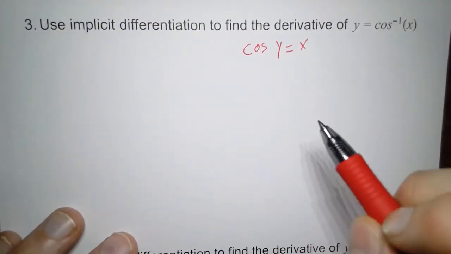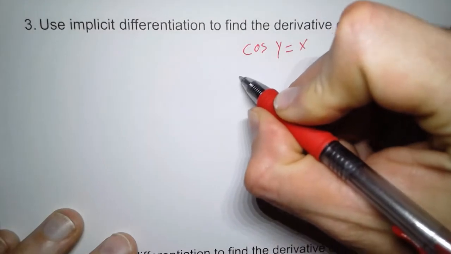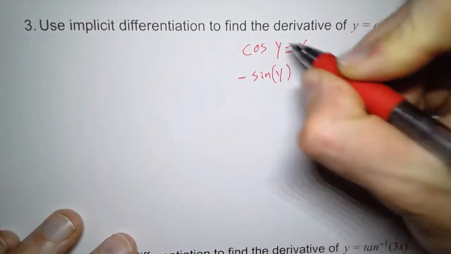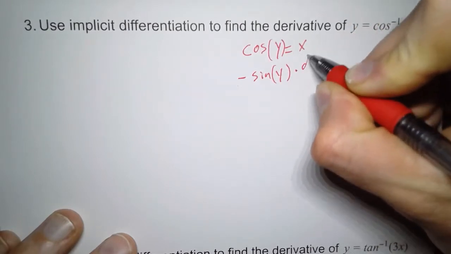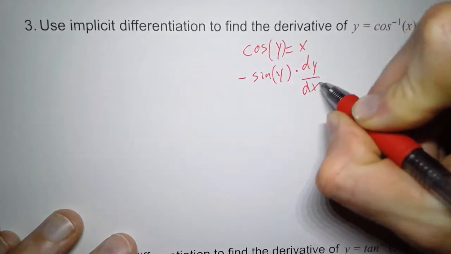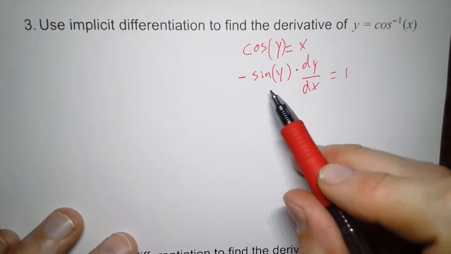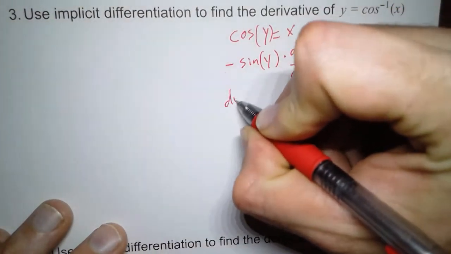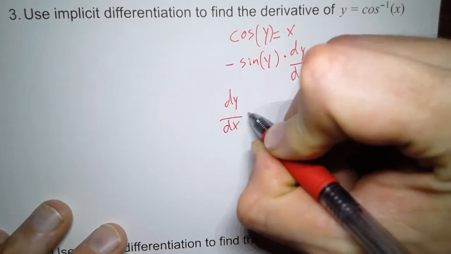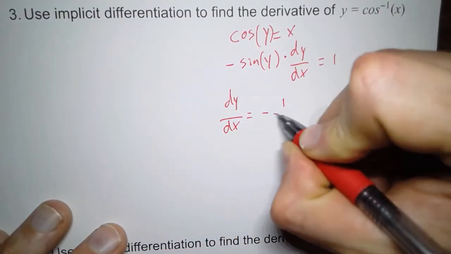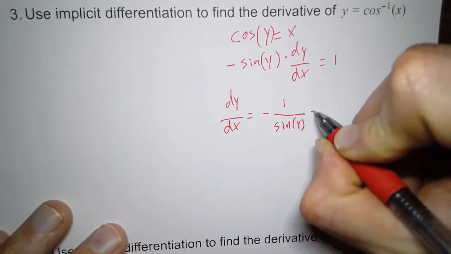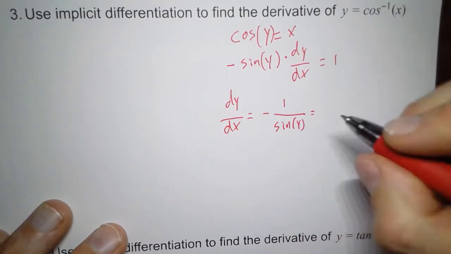When we take the derivative, this becomes negative sine of y, put parentheses, times dy dx equals 1. We'll divide negative sine of y over, so dy dx equals negative 1 over sine of y. We'll replace y with cosine inverse.